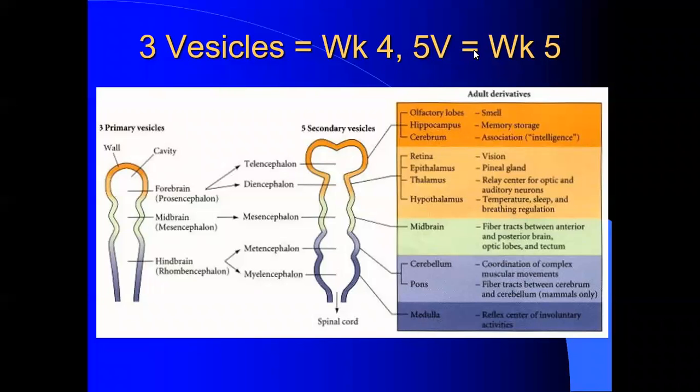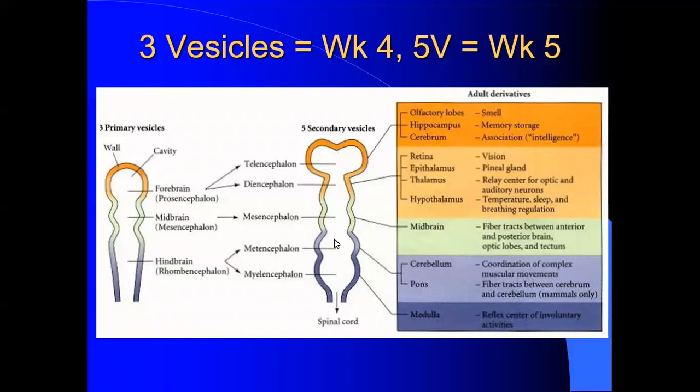Then a week later in gestation, you're up to the 5 vesicle stage, where the prosencephalon has separated itself into the telencephalon and the diencephalon. And very much today, we're going to focus on the telencephalon. The midbrain stays as the midbrain, and then the hindbrain, the rhombencephalon, will split into the metencephalon and the myelencephalon.